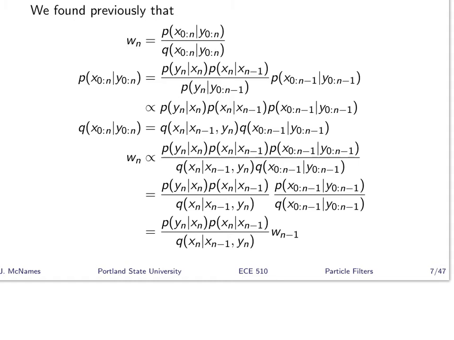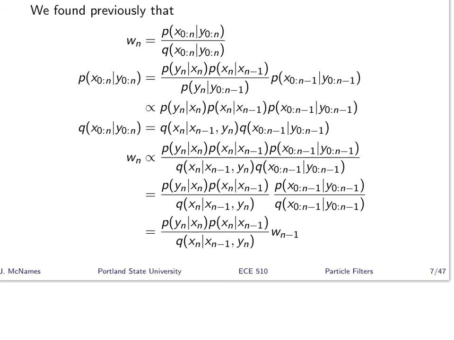And our importance density, because of the design decision we made, also factors into a product of 2 different terms. And one of those terms is the past of what it was. So if you substitute in this equation and this equation in what we started with, now we end up with weights that are proportional to, they're no longer equal because we got rid of this term, the likelihood times the prior times the previous posterior divided by whatever we choose for this part of the importance density times the importance density at the previous time step.